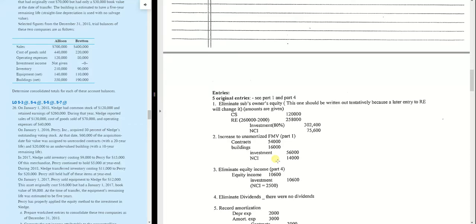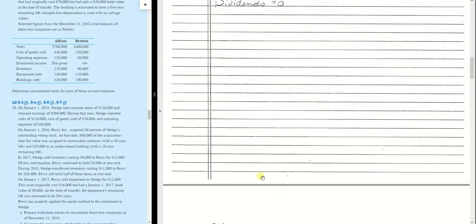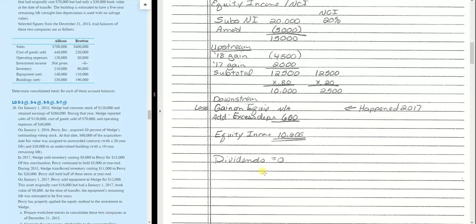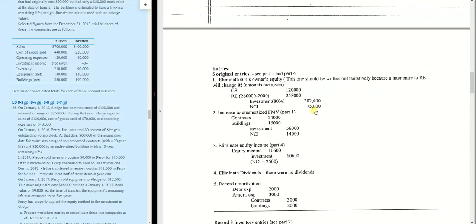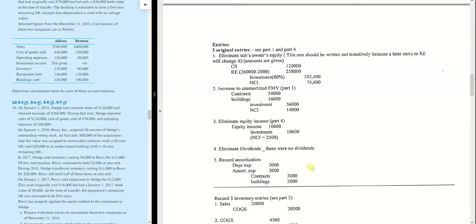Equity income computation, we did it up there. 10,600, okay, and my non-controlling interest is 2,500. So I debit equity income for 10,600 and credit the investment, and my non-controlling interest is 2,500. Next one, I eliminate dividends, but there were no dividends, so I don't have to do anything there.